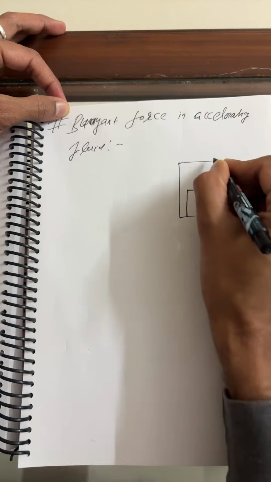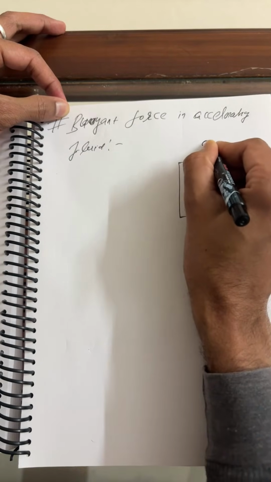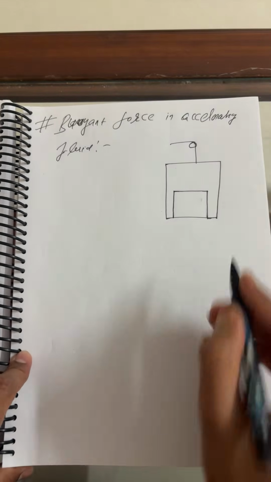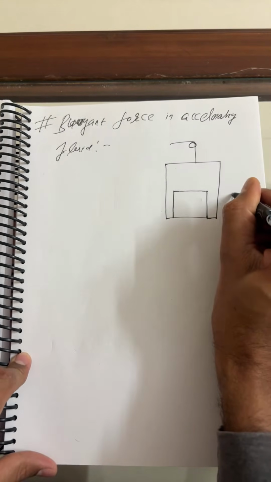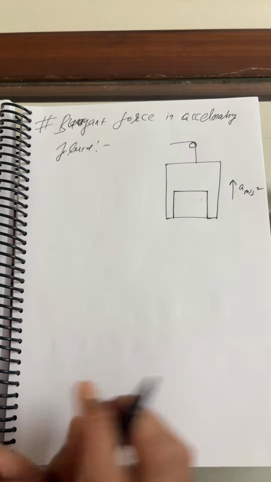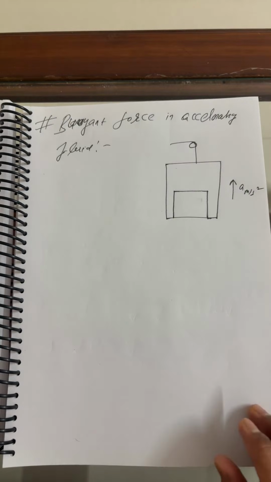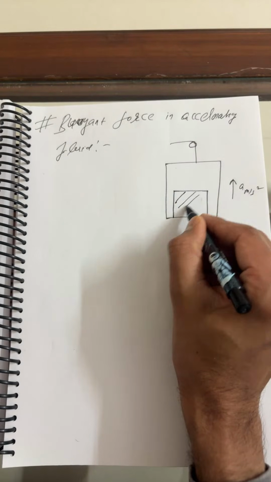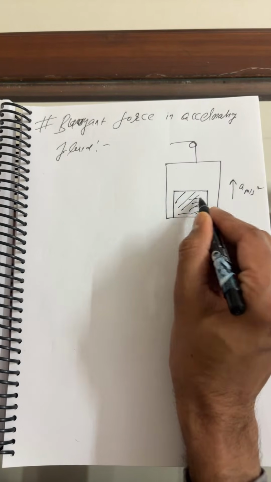Now you can take this time the lift is going in the upward direction with acceleration a meters per second square. This is in the upward direction, and the container is filled with liquid.